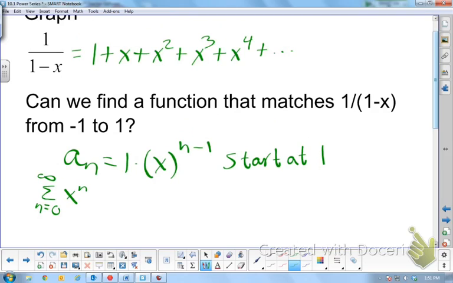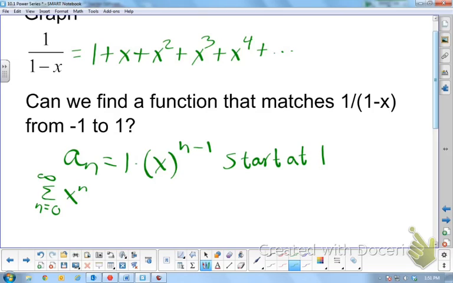So we found a polynomial function that matches the function 1 over 1 minus x, but only on a small interval. Where did it actually match it? From -1 to 1. Well, let's think about where a geometric series converges.